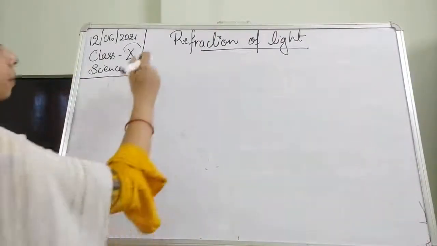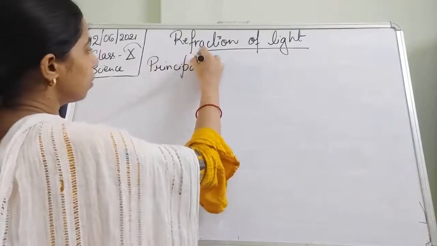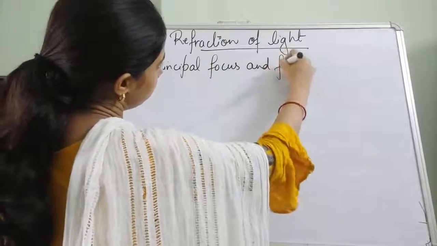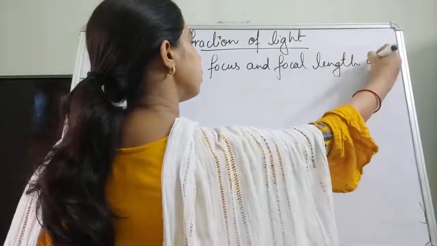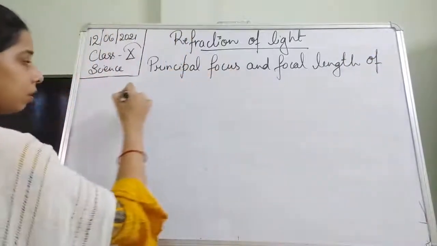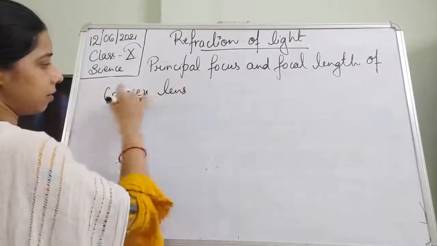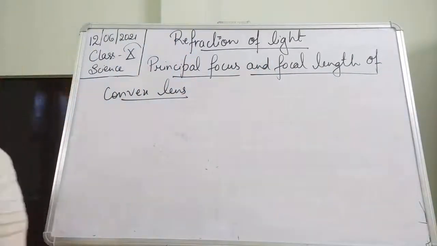Okay, so principal focus and focal length of a convex lens.